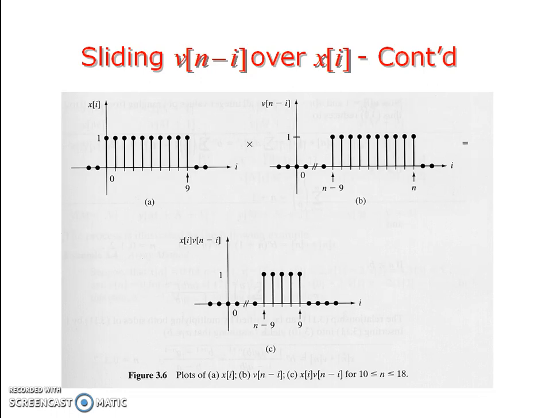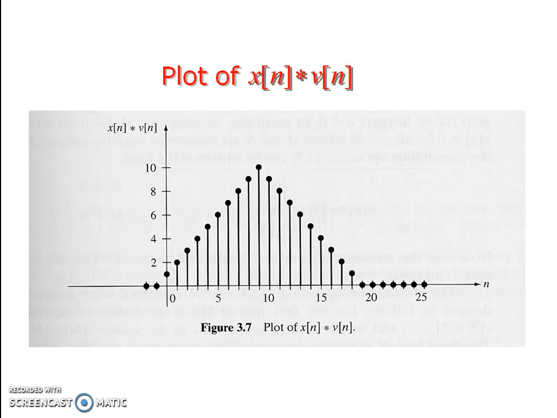If you continue this, we have the final sequence x of i into v of n minus i as n minus 0 to 9. Now this is the convolution for this signal, x of n convolved with v of n, from 0 to 20 pulses here.